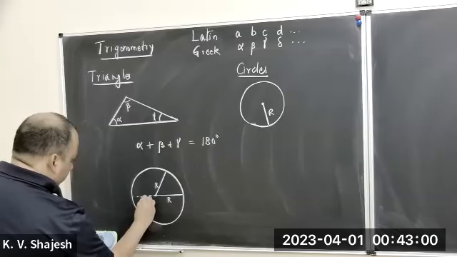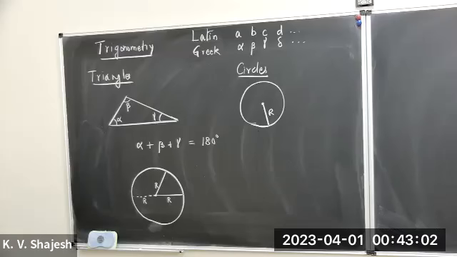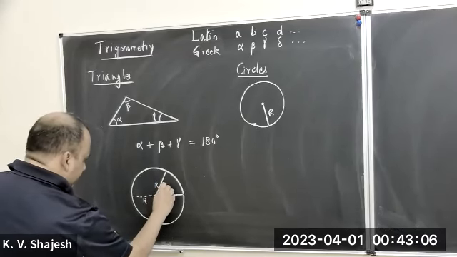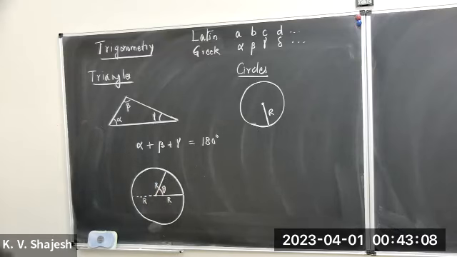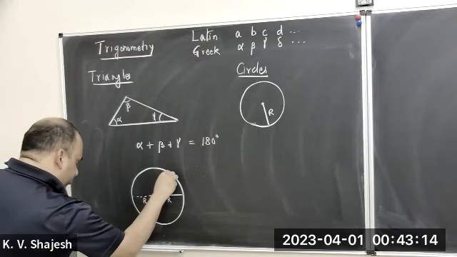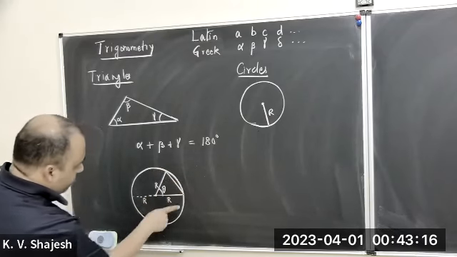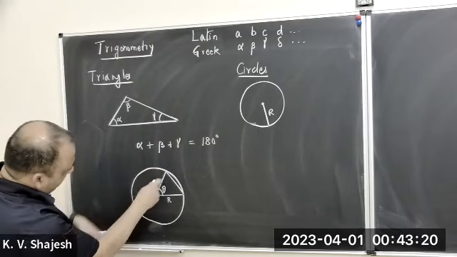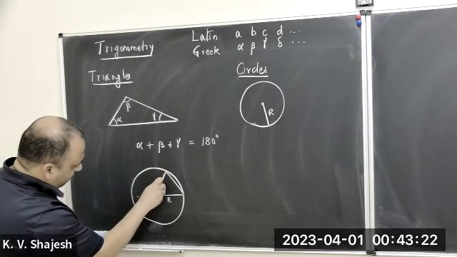Those are on the same circle. In fact, this is also r. And let's say this is angle theta. If this is angle theta, I can draw a straight line between these two points, and if you notice, this triangle is an isosceles triangle.